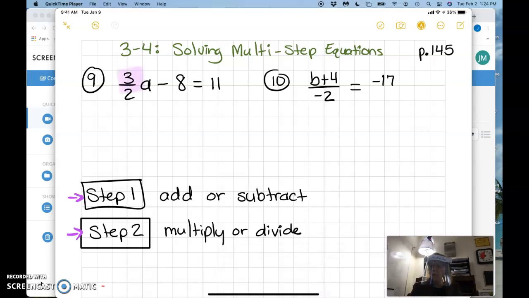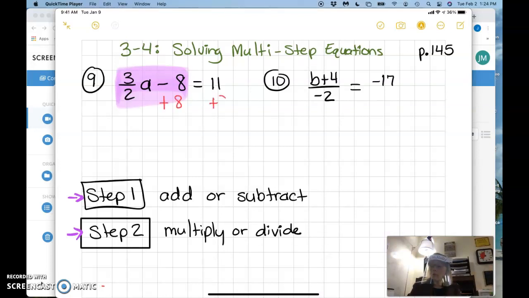Again, we're going to look at what's happening to the variable. So, step 1, add or subtract. Is there adding and subtracting happening to the variable? And what is it? Just tell me the adding or subtracting part. The -8. So I'm going to do the opposite.